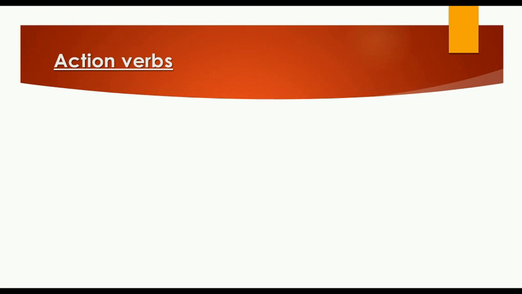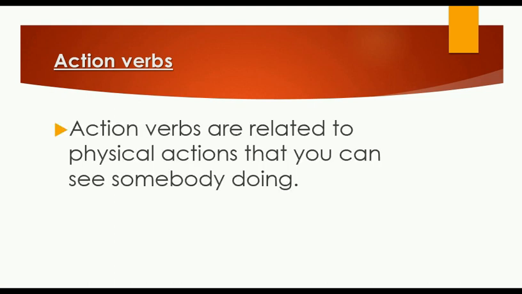We have action verbs and stative verbs. And in my next videos, I will specifically illustrate other types of verbs, for example, transitive verbs, intransitive verbs, monotransitive verbs, and etc.